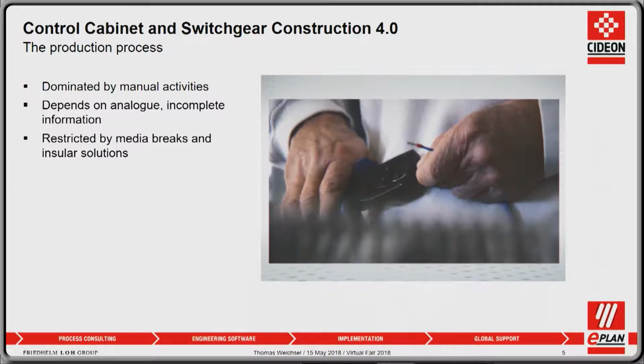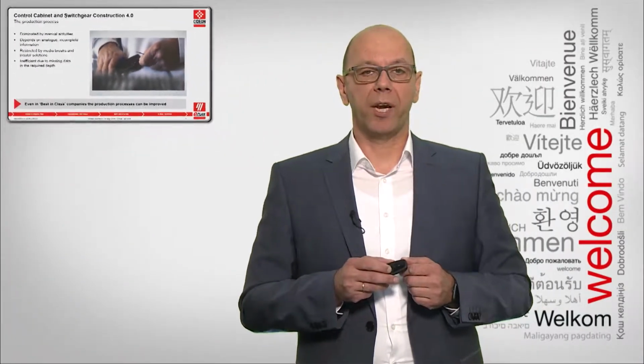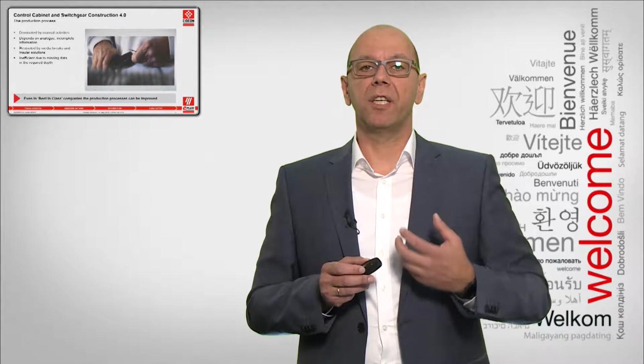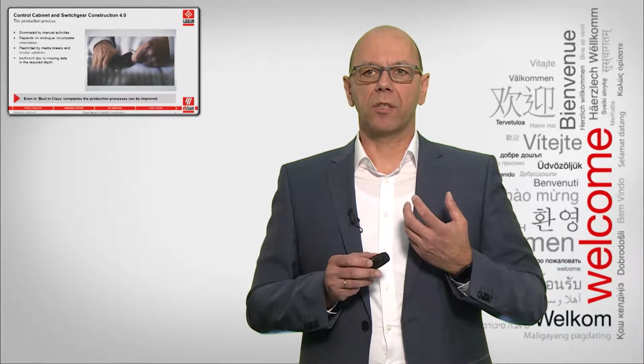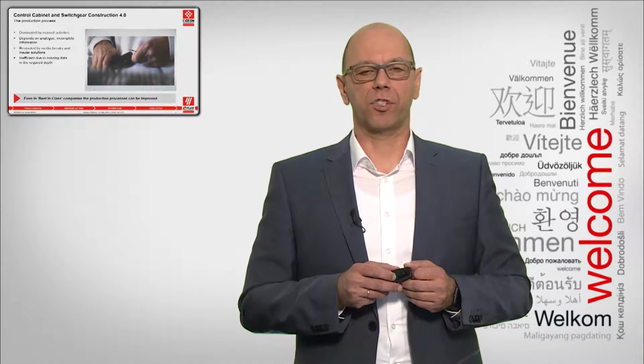A typical example is the drilling machine, which is really isolated in the panel shop, where a worker has to manually program the NC data and the machine program for the next order and to process the next part. And last but not least, the process in many aspects is really inefficient because of missing or incomplete data, which is not designed to support the process step in the best possible way.